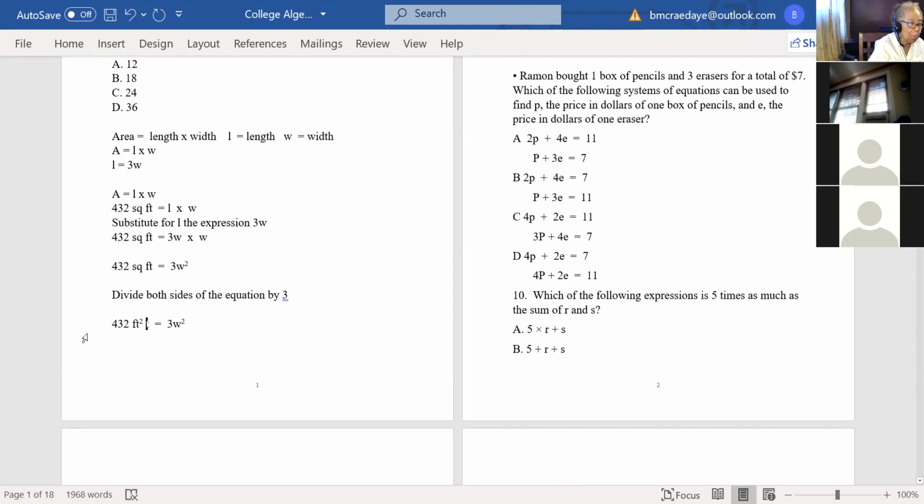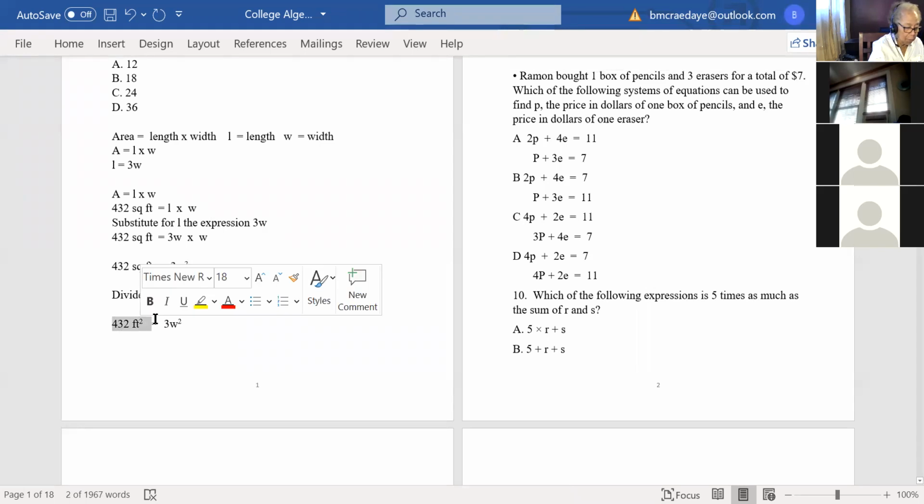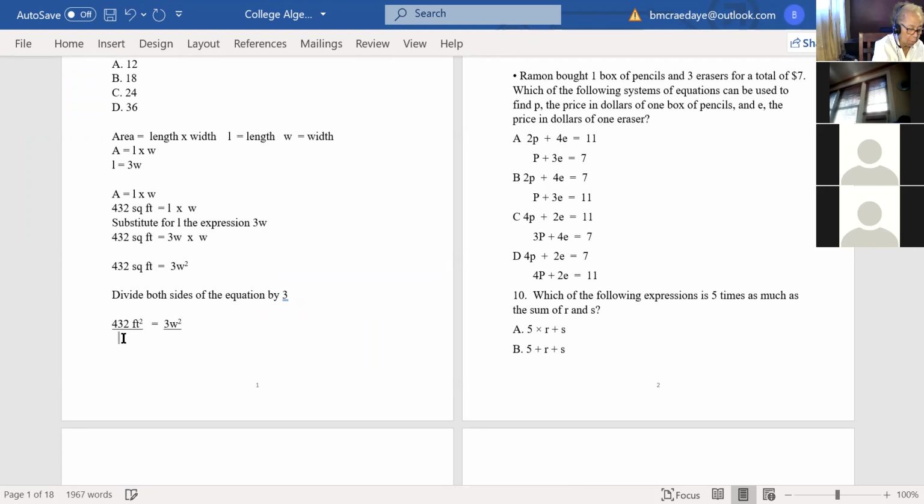So 432 feet squared is equal to 3W squared, and we're dividing this by 3, so let's put a 3 on both sides.